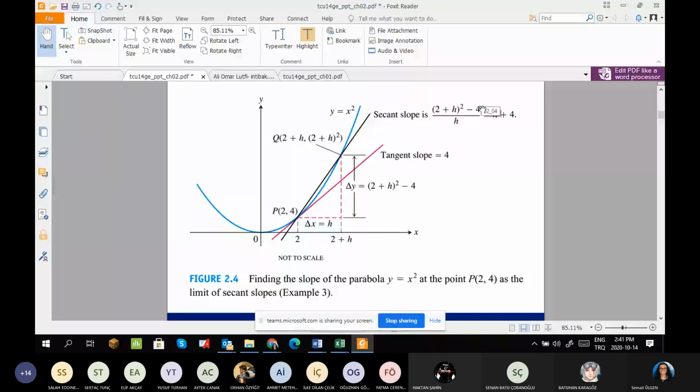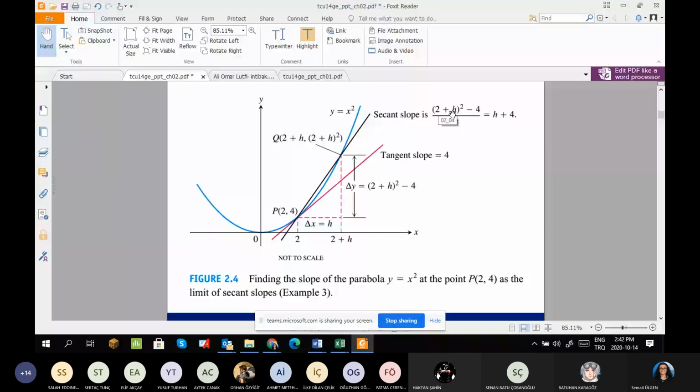So this is delta y, over delta x, which is obviously h. Okay, this minus this is h. So we can simplify it. If you expand it, 2 squared is 4, 2 times h is 2h times 2, 4h, plus h squared.